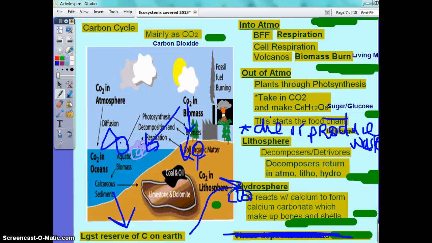Calcium, and forms bones. Do your bones decompose? They're trapped. Shells and bones, very, very hard for carbon to get out of them. So if carbon goes through that process, it gets reserved there. You literally have to take the bone out and crush it and figure it out.